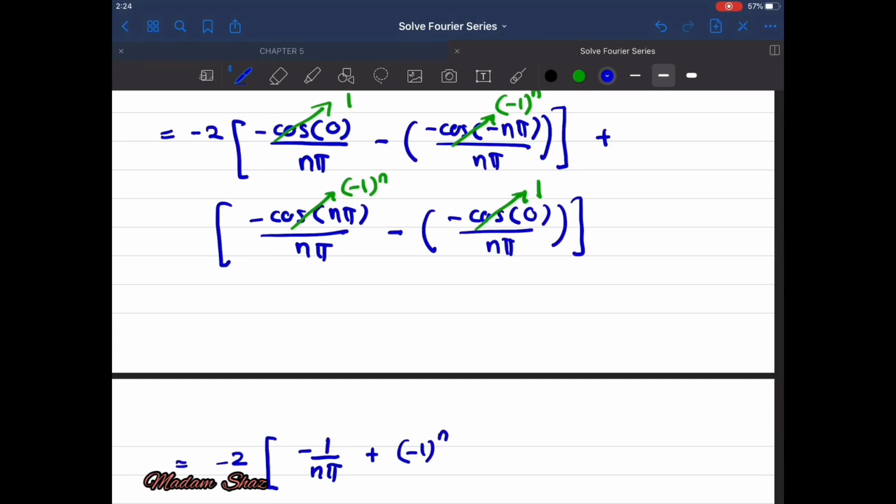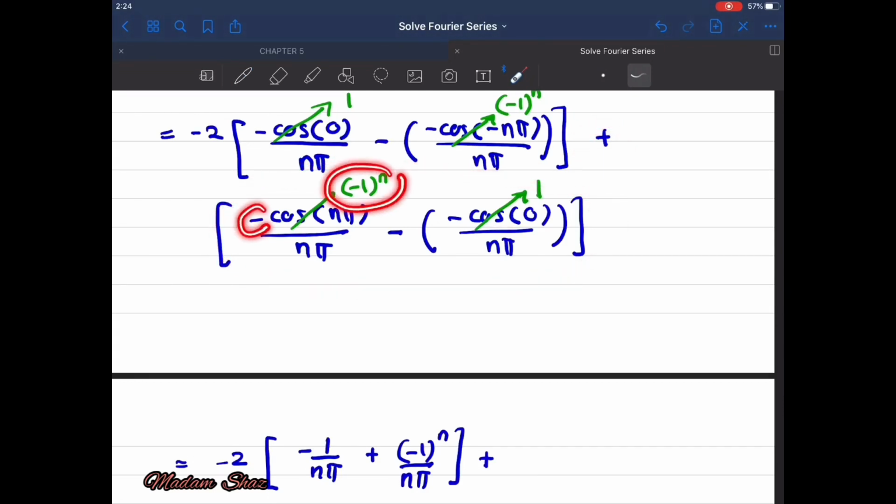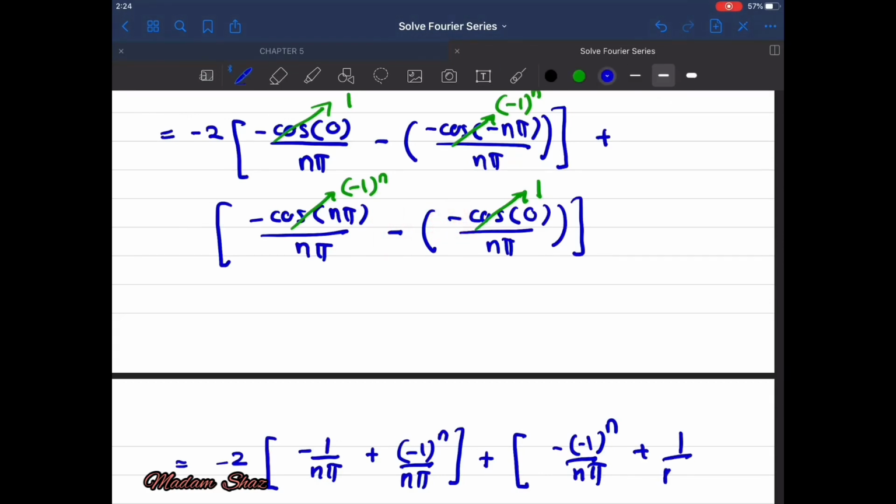Close the bracket plus with answer in this bracket, -1 the power of n divide with n pi. Make it in bracket -1 the power of n divide with n pi. Negative will become plus 1 over n pi.